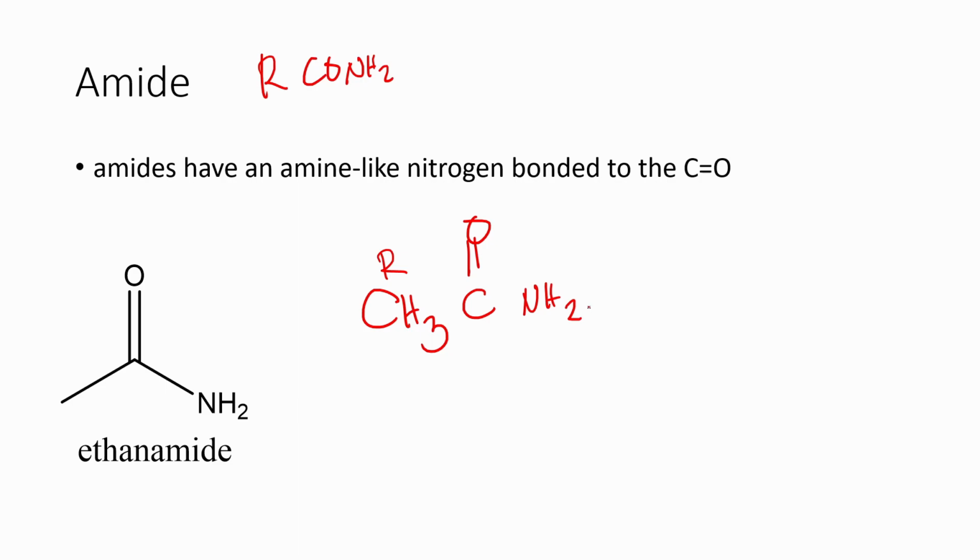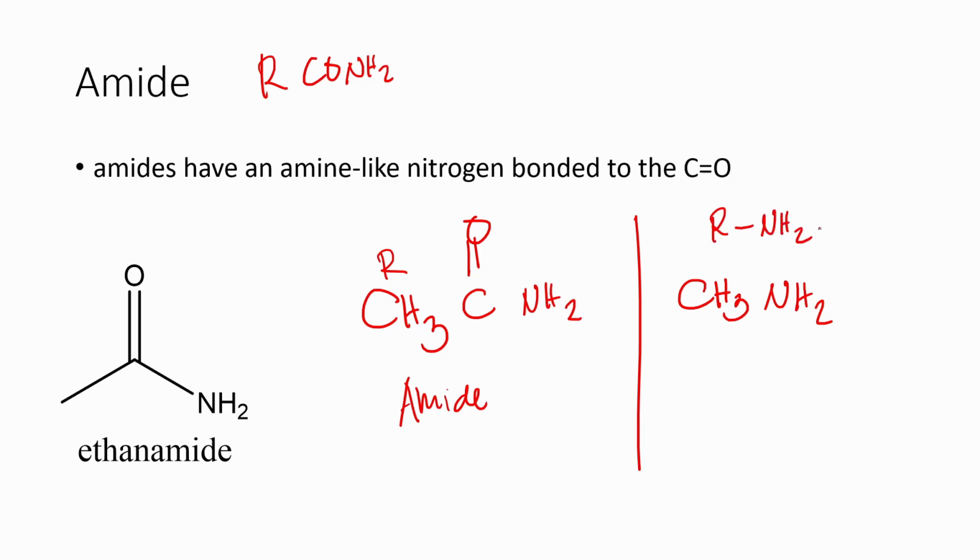Okay, you might confuse this one with an amine. An amine is simply directly connected with our R group, while for amide, you need to have a C double bond O, which is connecting to your nitrogen. Amine directly to R. Amide, there is a carbonyl group present.